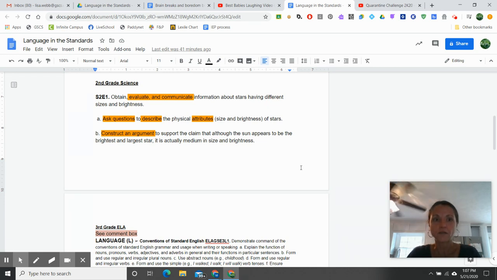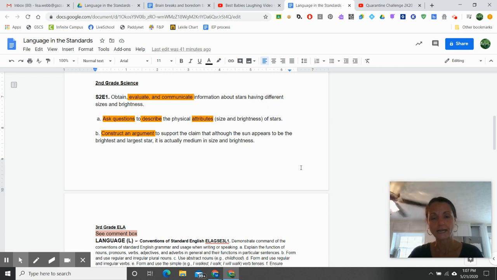So, right off the bat, the very beginning of this standard requires a lot of background language knowledge and skill level. And then once you have all of that information, you have to be able to communicate it to someone else expressively, expressive language. Again, asking questions, describing, which also goes along with attributes.